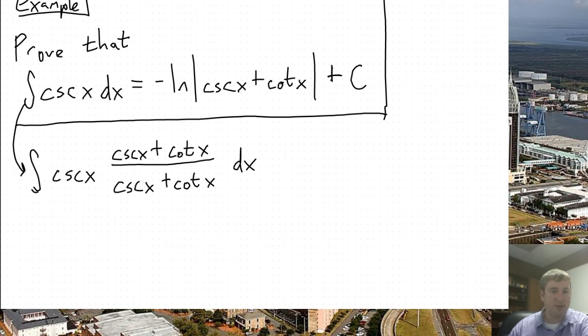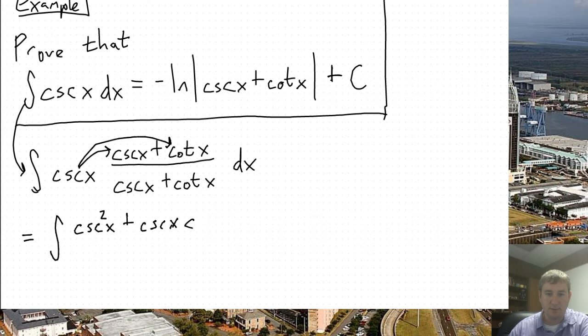So why would I ever do this? Well, what I can do now is distribute the cosecant across the numerator, and that results in cosecant of x squared plus cosecant x cotangent x, all divided by cosecant x plus cotangent x.